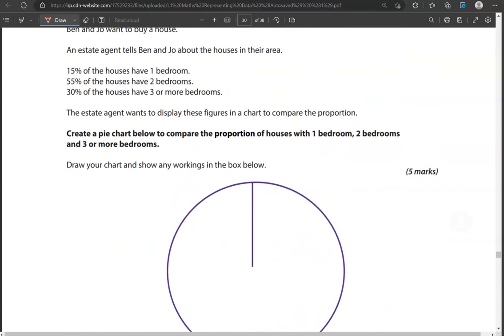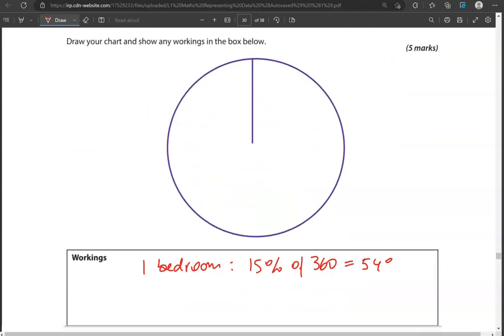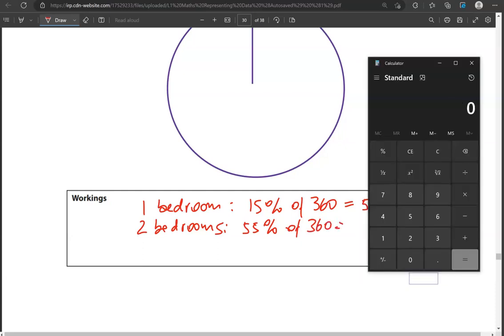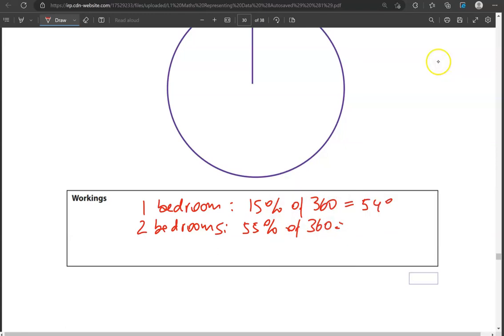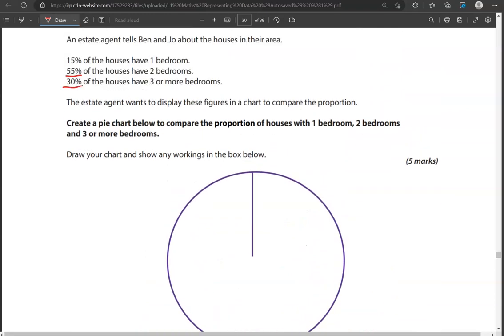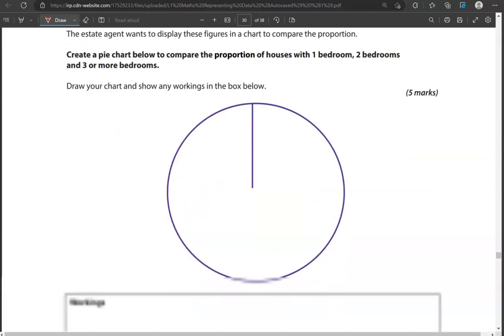2 bedrooms, that is 55%. So 55% of 360. So again, we do 55 divided by 100 times 360, which is 198 degrees, and 3 or more bedrooms, that is 30%, which is double the 15%.